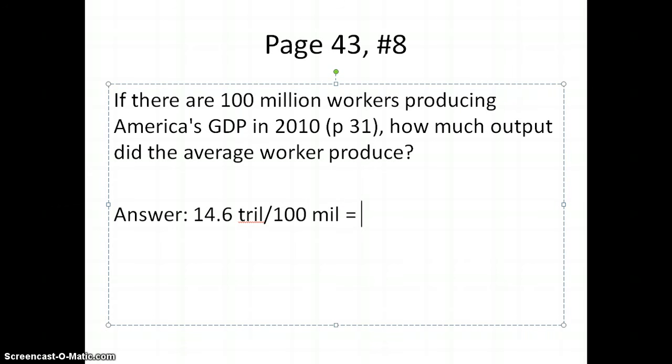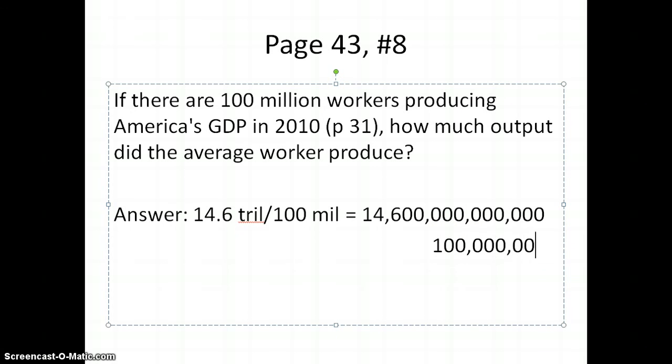Okay. So this one is almost an exercise in decimals. I want to make this into trillion. Okay, so this is my hundreds, my thousands, my millions, my billions, and then 14 trillion. So that is correct. And we want to divide that by 100 million.